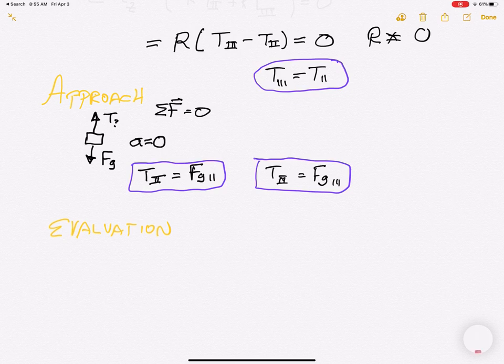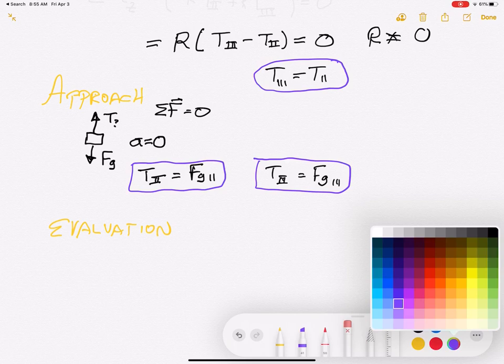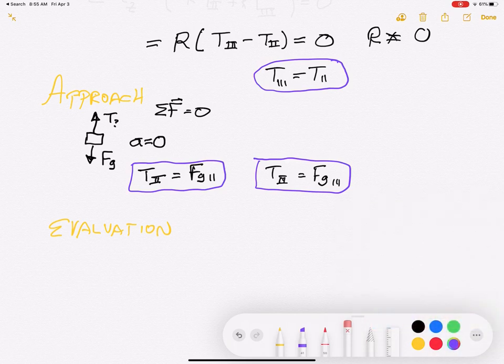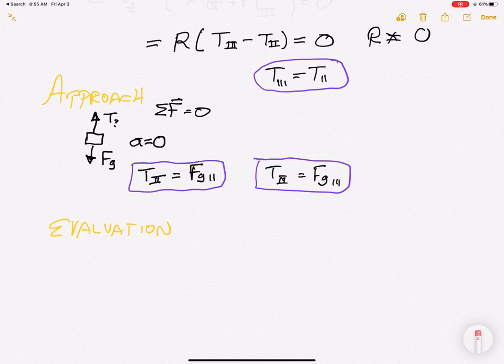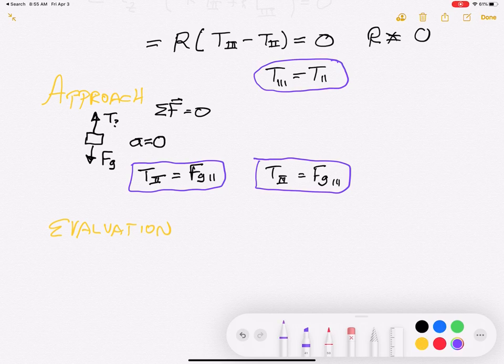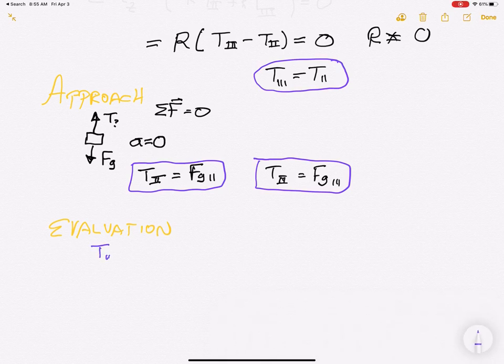And we write our 3 equations. Somehow I missed that. There we go. That we know T3 is equal to T2, that T2 is just equal to M2G, and that T3 is just equal to M3G.